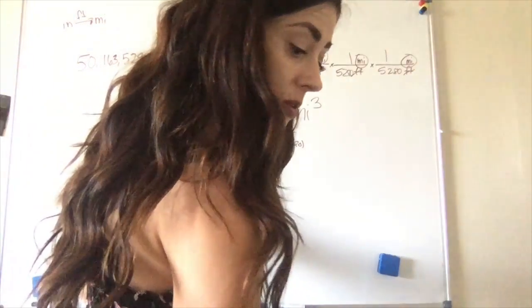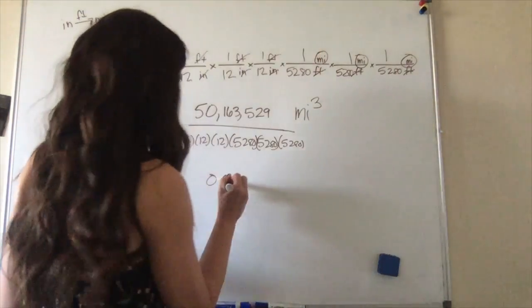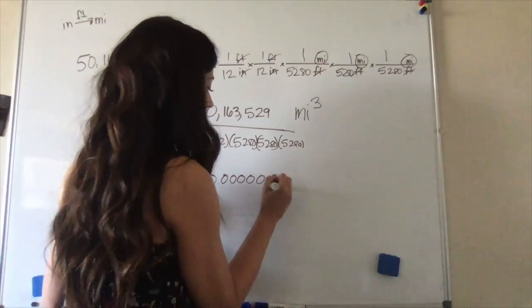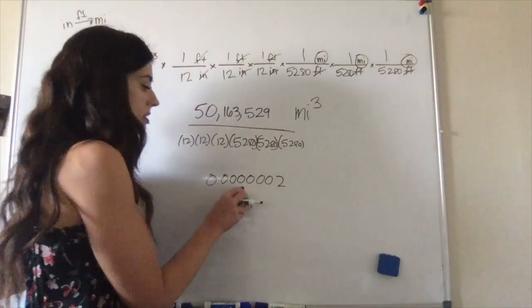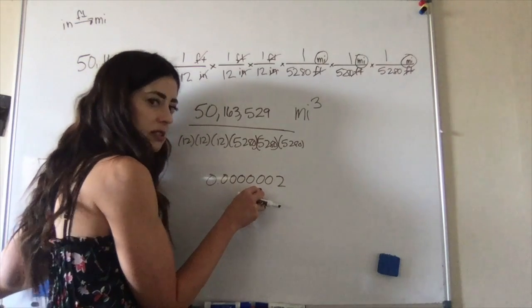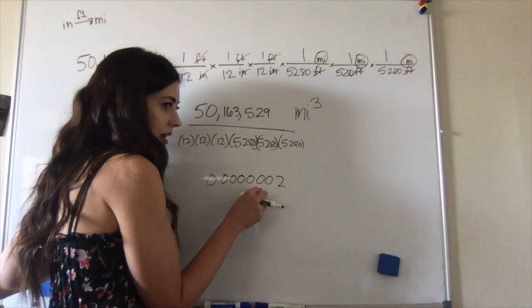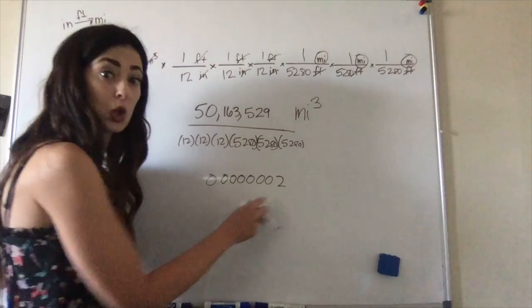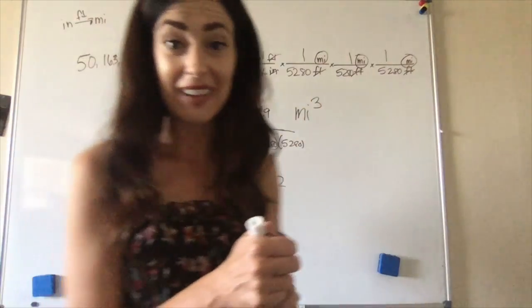Let's see, 6 zeros and a 2. So tenths, hundredths, thousandths, ten thousandths, hundred thousandths, ten millionths, hundred millionths, 200 millionths. So it's very, very, very small.